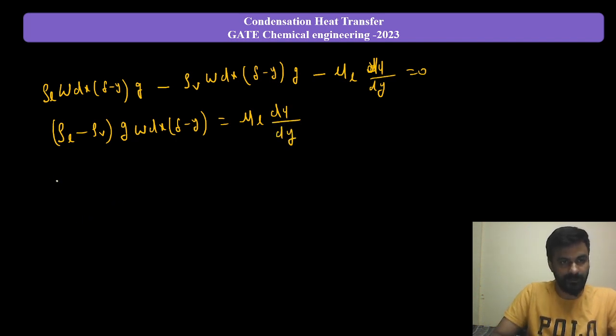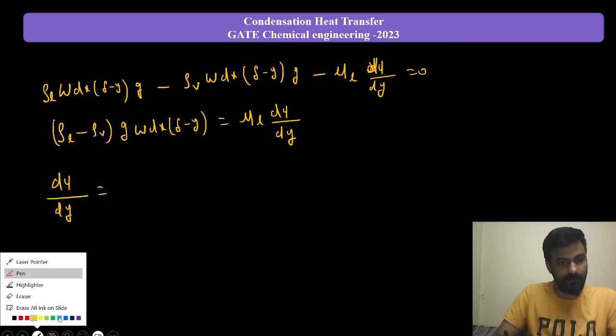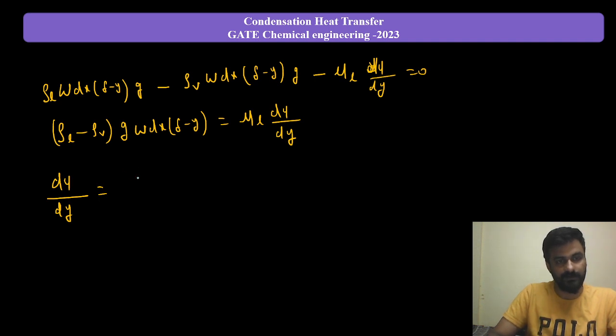So can I write du by dy is equal to rho l minus rho v, g W dx (delta minus y).